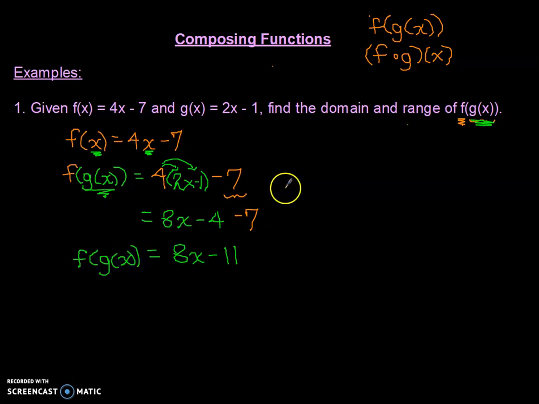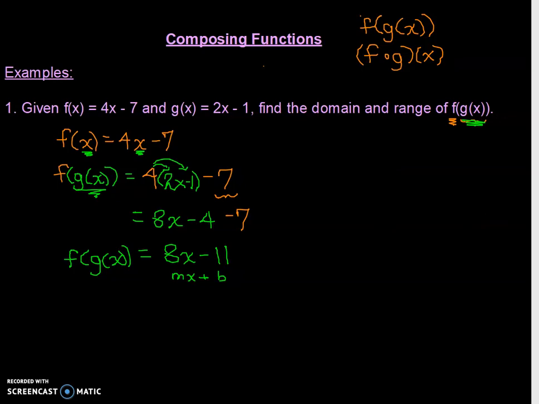We have our function, and now we're finding the domain and range of it. Well, if you look at x to the first power here, this correlates perfectly again with mx plus b. This is a linear function. Now for domain, keep in mind, sorry, I forgot I can't draw a straight line. So for domain, remember, those are all the values of x.